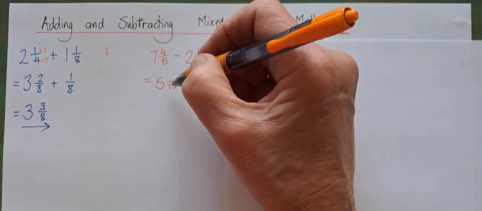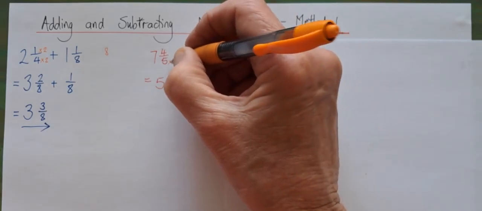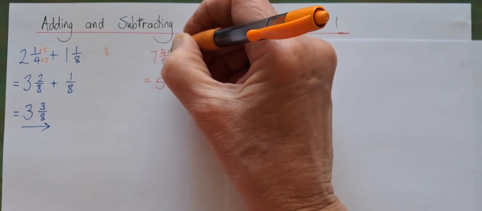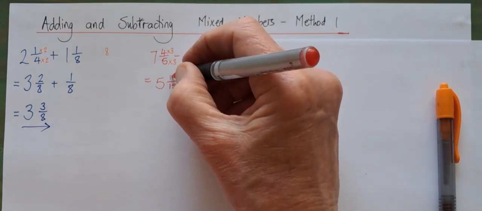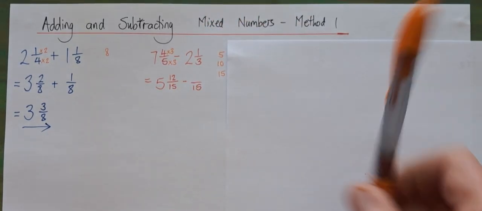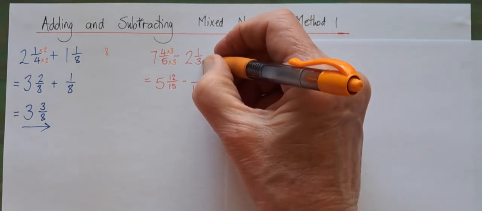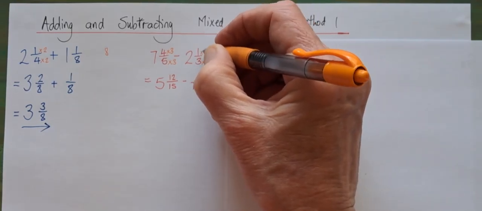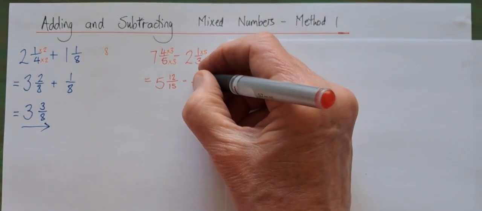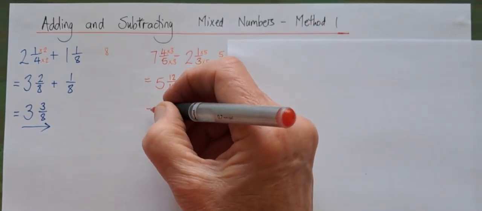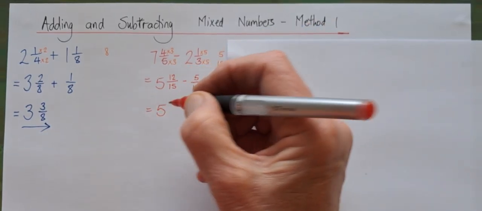So how did 5 become 15? I multiplied it by 3, so I have to do the same to the numerator, and the numerator will be 12. How did 3 become 15? I multiplied it by 5, which means I must multiply that by 5, and 1 times 5 is 5. So again, I must remember to bring down my whole number.